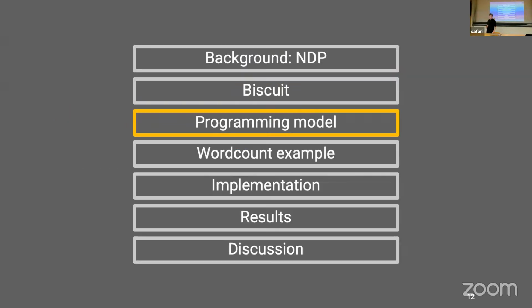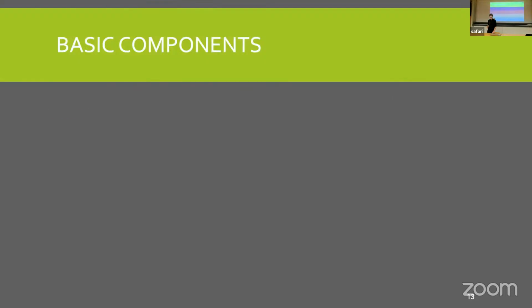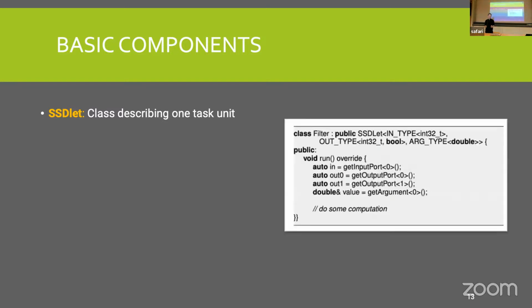So let's go into the programming model. The fundamental component of the programming model is the SSD-let. An SSD-let is a class that describes one unit of computation, essentially. You can see here an example of the filter class, which is an SSD-let class. Inside the run function, you can define your computation.